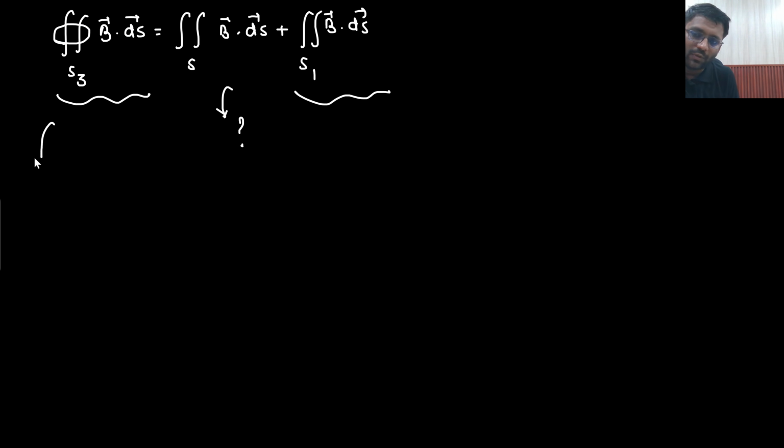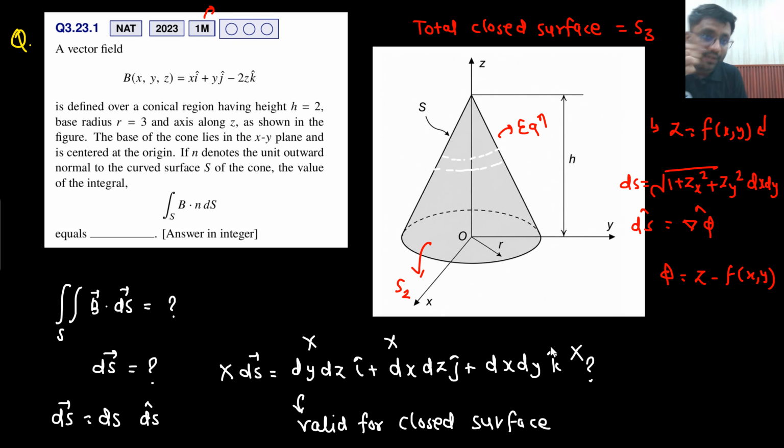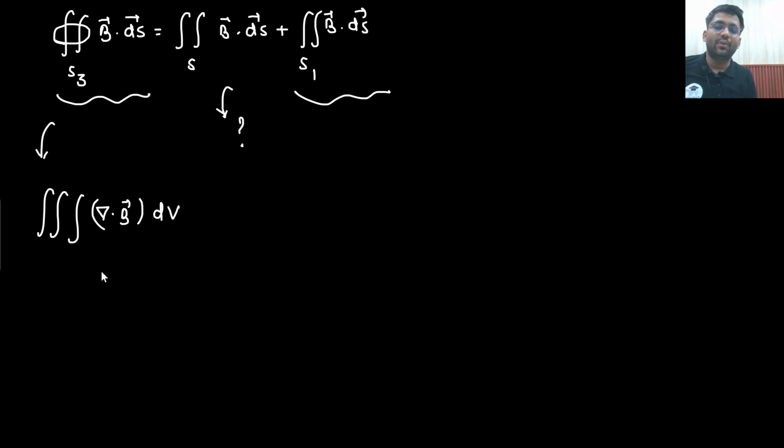So what would this be equivalent to? This would be equivalent to nothing but del dot B dV. Why is that so? Because, sir, this is a closed surface. So for the whole closed surface, I am finding the total flux outside.